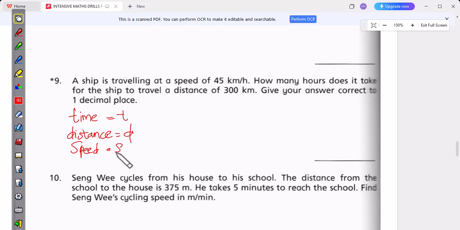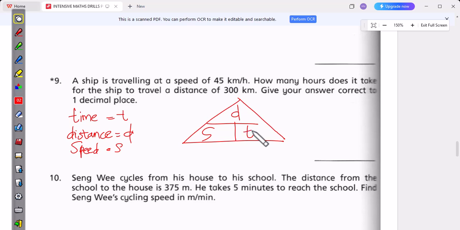Usually we can use this kind of triangle formula. After we form this triangle, we put s here, put d here, and we put t here.